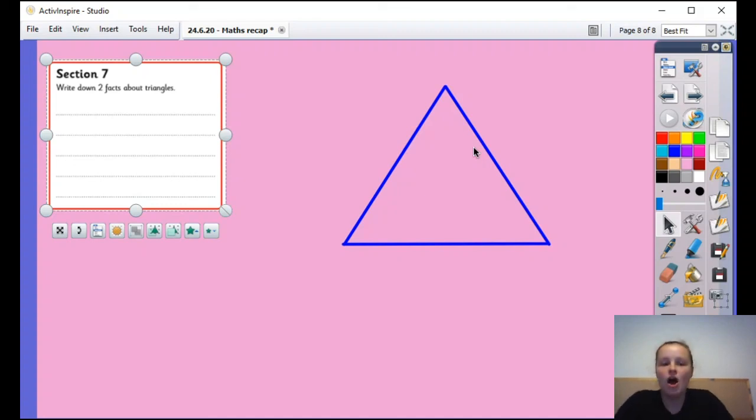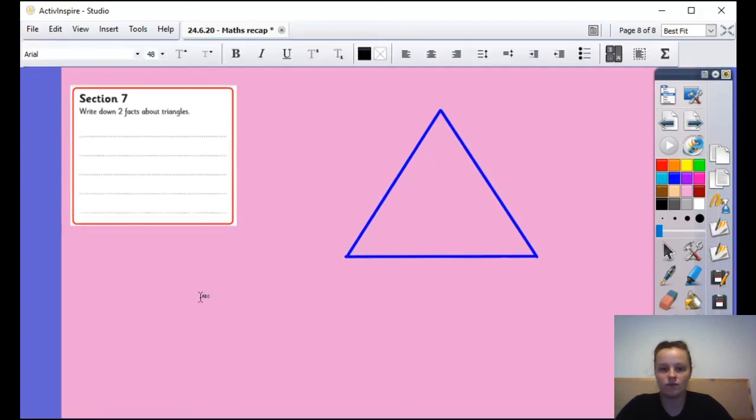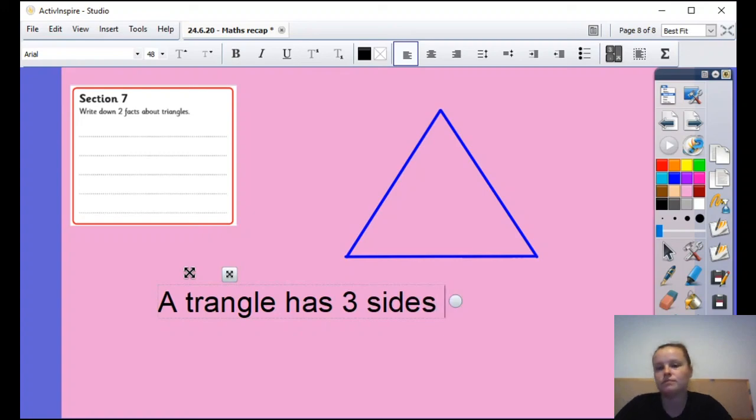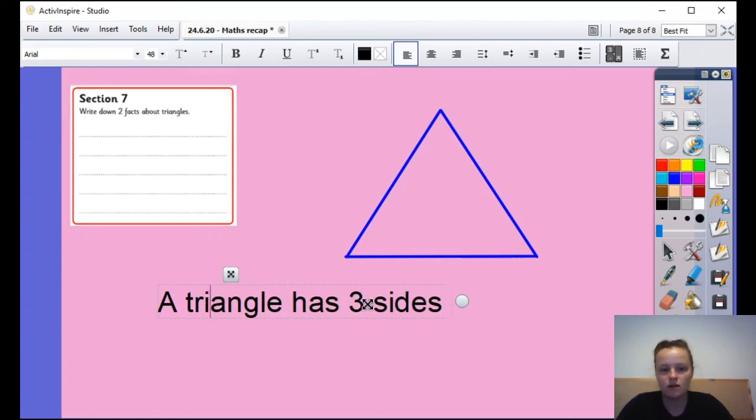Hopefully you would have said that a triangle has 3 sides, so that's one fact. Triangle has 3 sides. What else does it have?